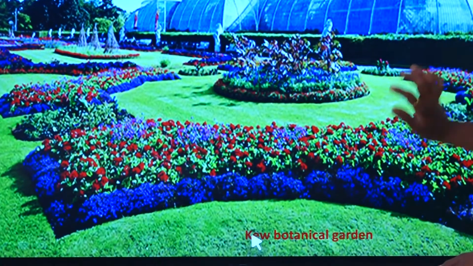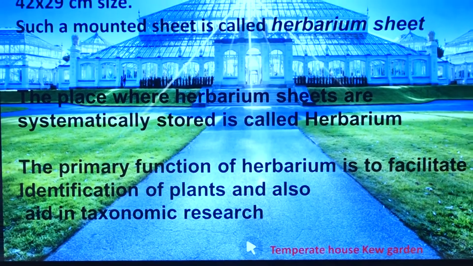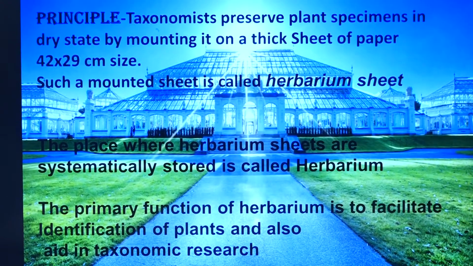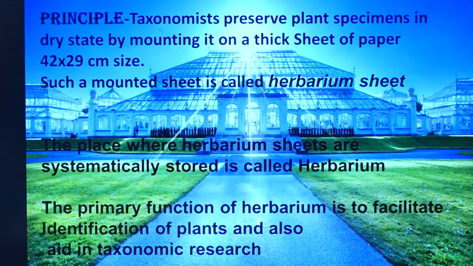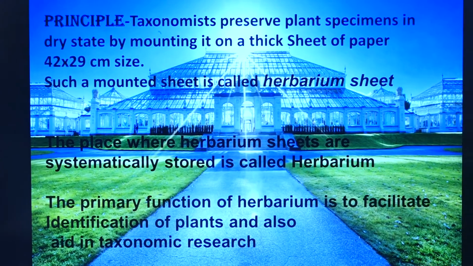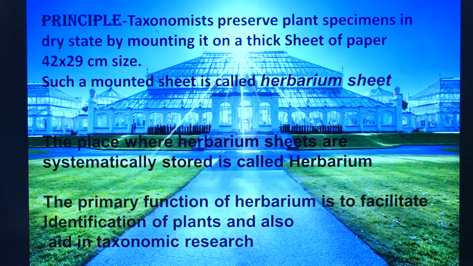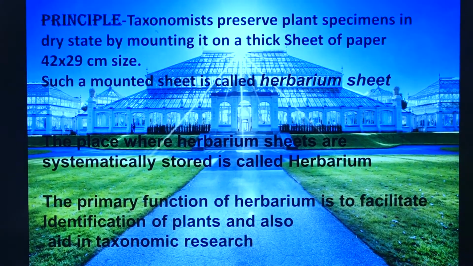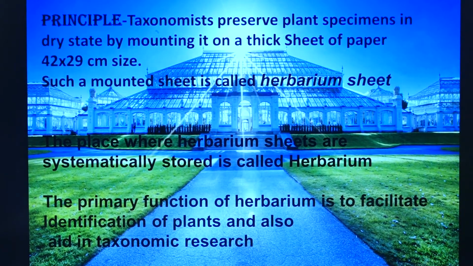Well children, what is this all about? What's the aim of it? Preparation of the herbarium sheets of flowering plants. The principle behind this is that you get to know about the various families to which the plants belong. Taxonomists preserve the plant specimens in dry state by mounting them on a thick sheet of paper.